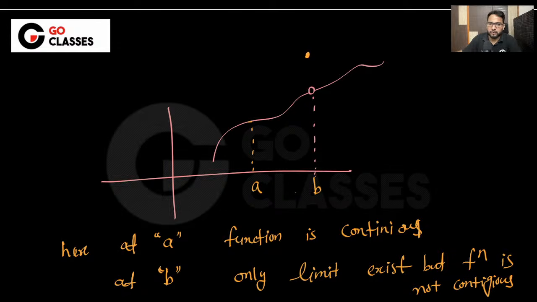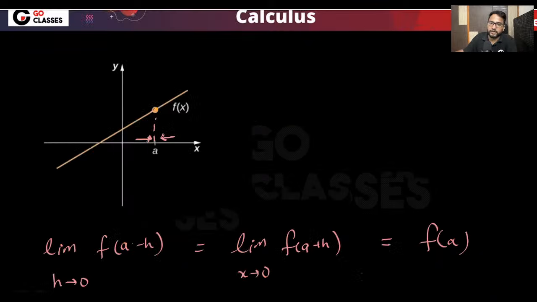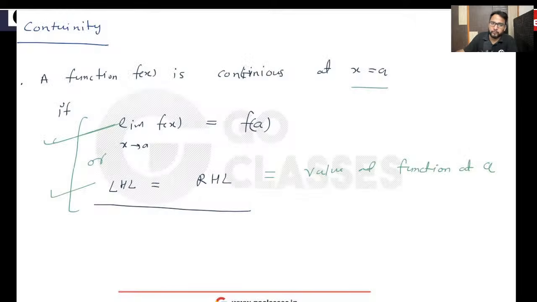Let me know if that is okay to everyone. Cool. So basically at B, only the limit exists. Now, why am I saying this? Because at B, left hand side and right hand side are both the same, but that's not the same as the function value. So that's what the definition of continuity is, which I think you already know.